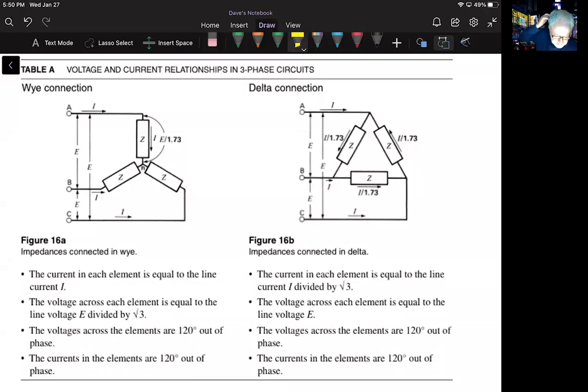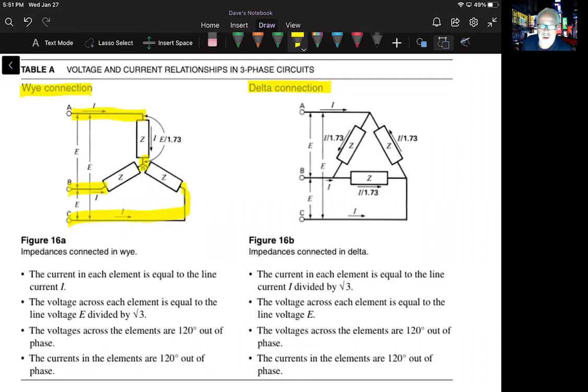Then he says, let's look at table 8A. In table 8A, we've got the Y connection and we've got the delta connection. What do we want to do? First, we want to be able to recognize how these differ in terms of the connection scheme. You see that common connection for the Y point.